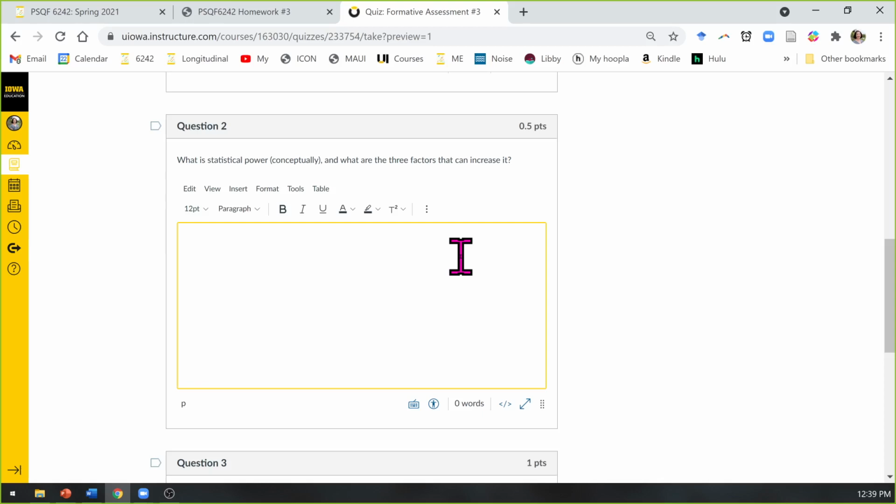Several of you wrote down things related to residual variance or variance remaining, and I tried to correct that in your answers. It's really about the effect size. Any given variable is going to have some variance associated with it, and less variance doesn't increase your power per se.